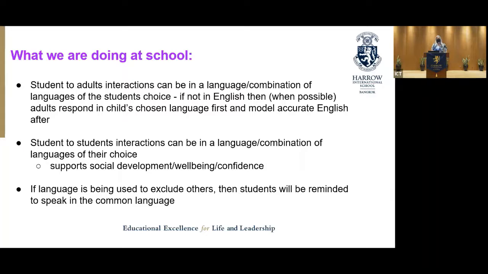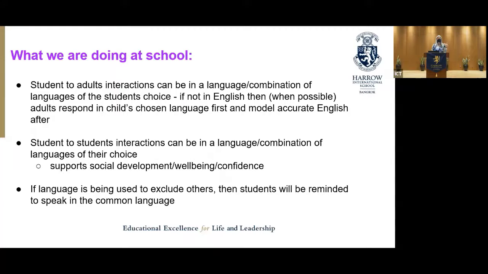It's quite interesting, and I was having this conversation with a few different colleagues recently, that even in early years, you get very few children who will come and initiate an interaction with me in Thai. Some of them do, but not that many, because I think even from that very young age, they have a concept of who they can communicate with in which languages.